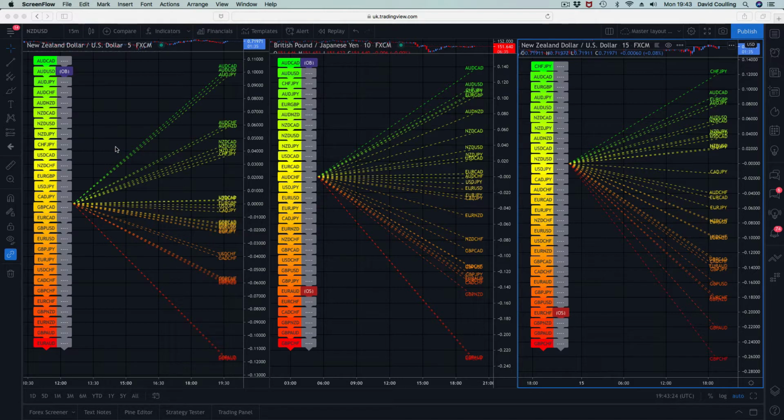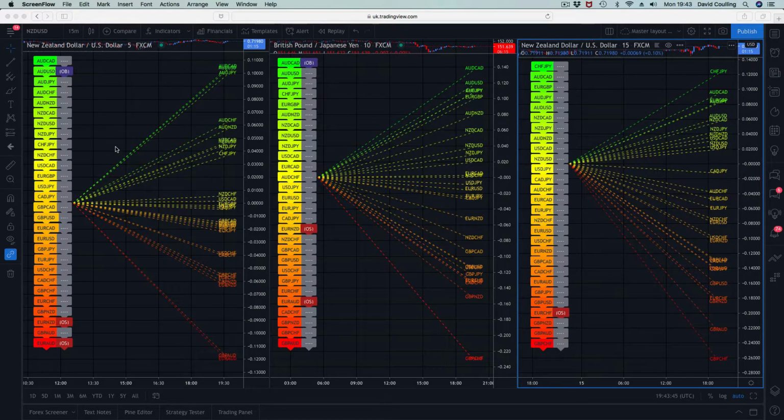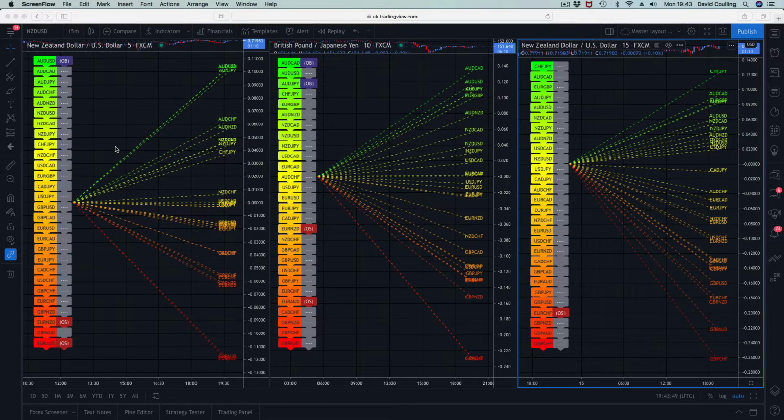So I'm delighted to announce the currency array here and to show you it in operation, again on 3 time horizons. But as I said when I was explaining the currency matrix and the difference between the 2 indicators, and I'll do a video where I've got them both in operation side by side with some charts, the difference primarily is that the currency array is looking for a longer term perspective on strength and weakness in the currency pairs.